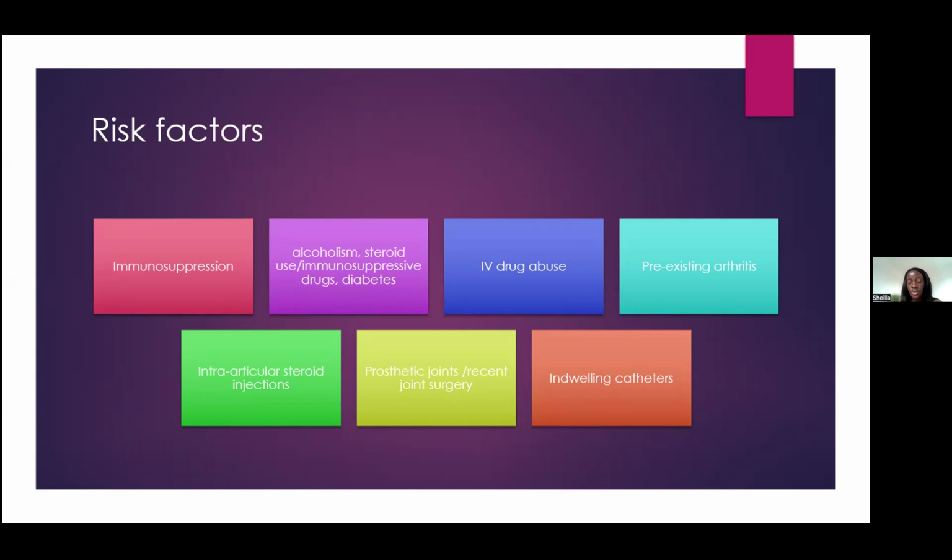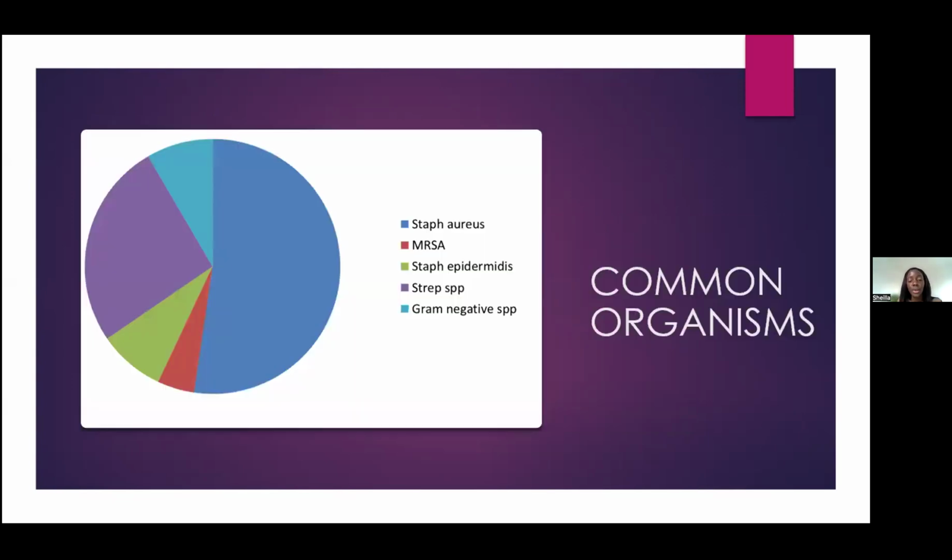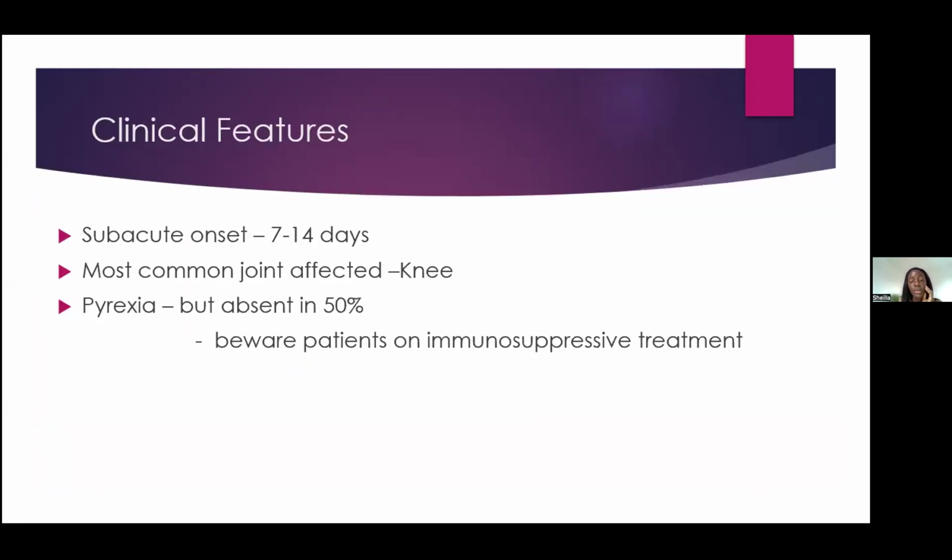There is an increased risk of infection with those joints, and then patients finally with indwelling catheters because of bacterial seeding through hematogenous spread. So the common organisms, I think you've probably all seen blood culture results from septic arthritis. So you've got Staph aureus, MRSA, and then these other few organisms further down there. But Staph aureus, by far, tends to be the most common organism that's cultured from the fluid.